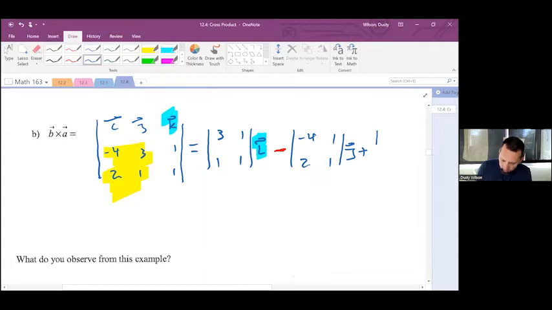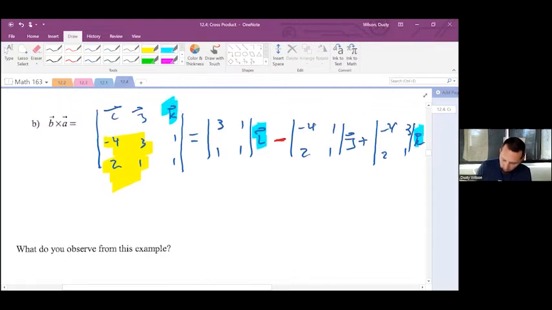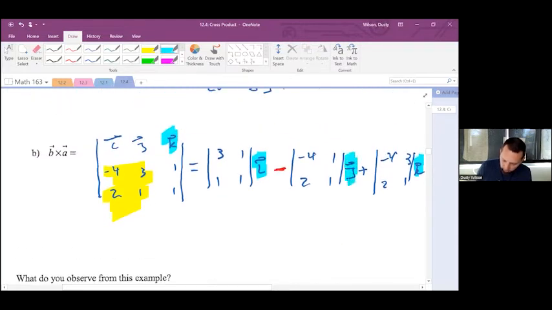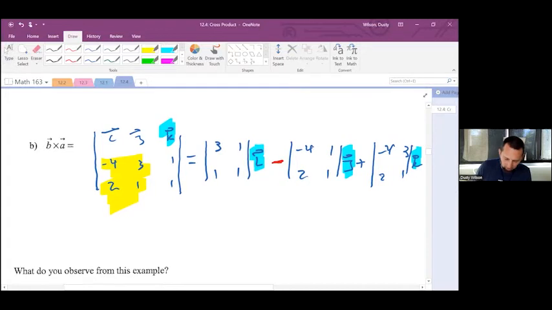So we'll have negative 4, 3, 2, 1 times k. Something like that.